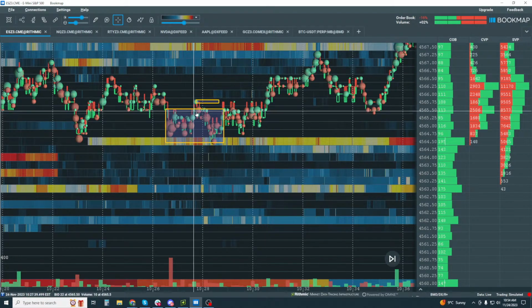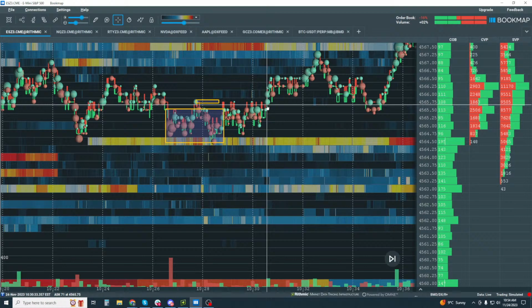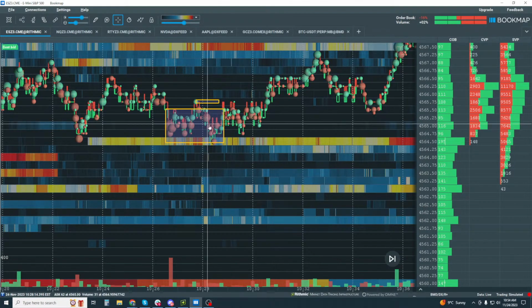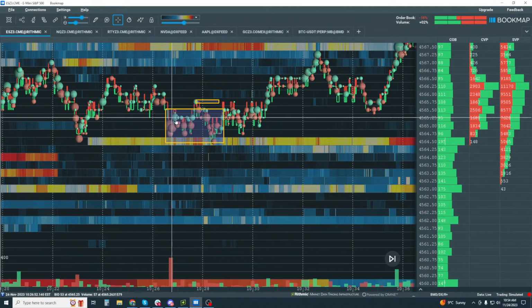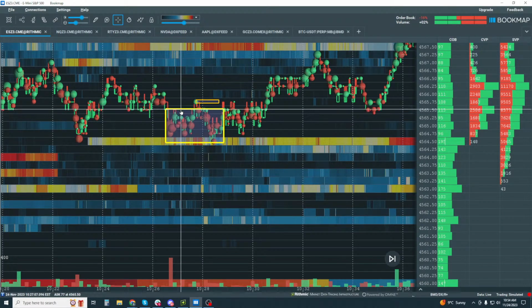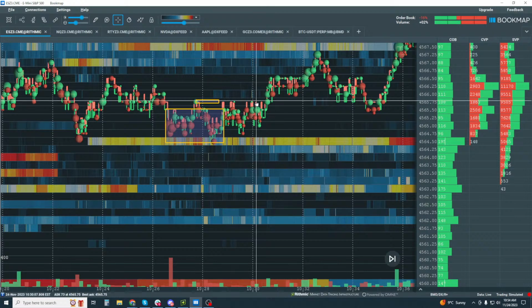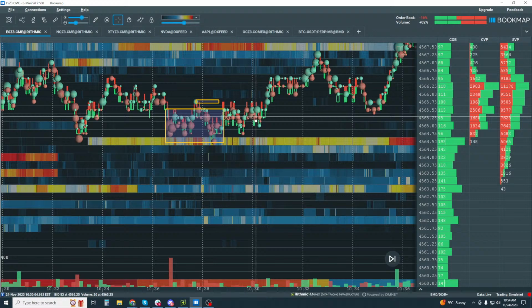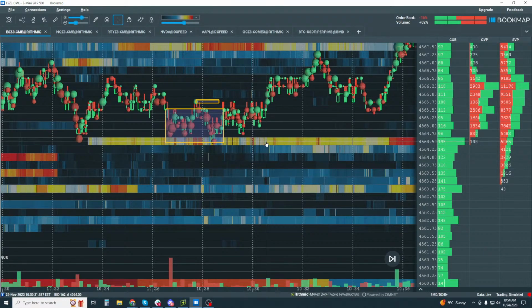In this little auction back and forth, we're trying to gauge and understand the supply and demand of the orders and these participants' actions. At first we saw all this exhaustion, so we were looking for sellers to drop price.